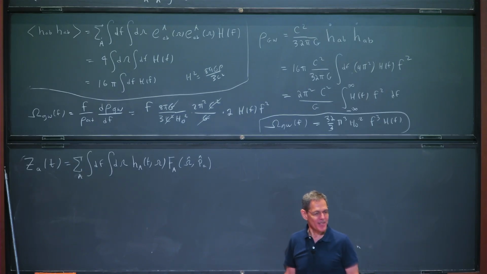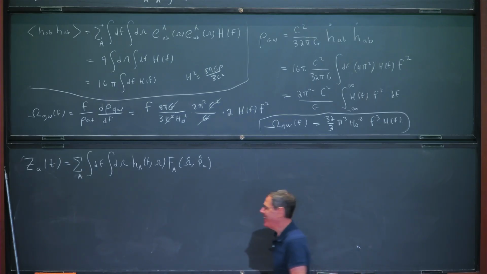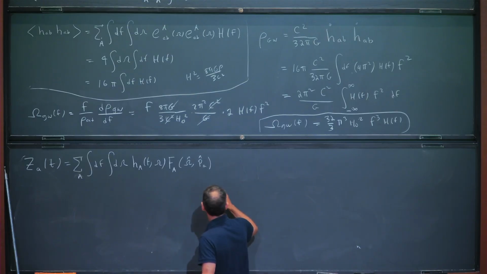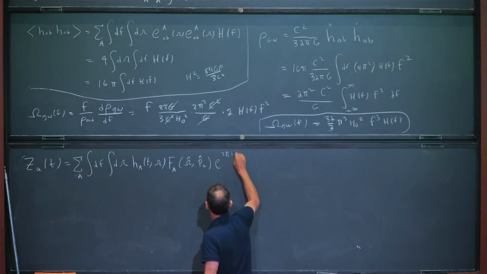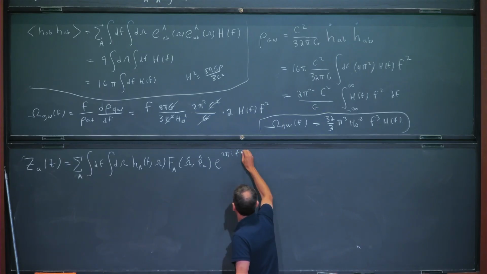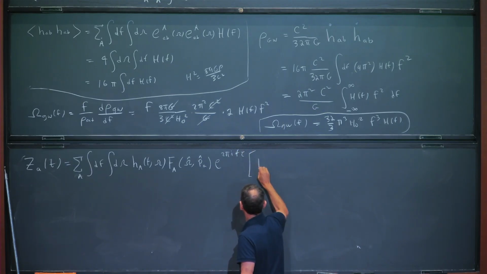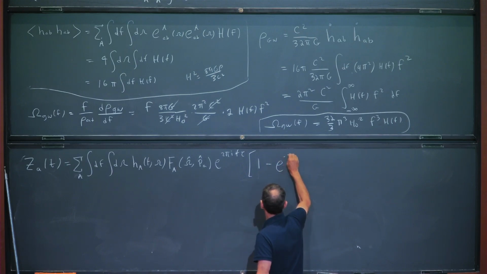i squared is -1. Wrong symbol. Okay. Good. Then we've got our e to the 2 pi i f t. And finally, we've got the difference between the Earth term and the pulsar term.